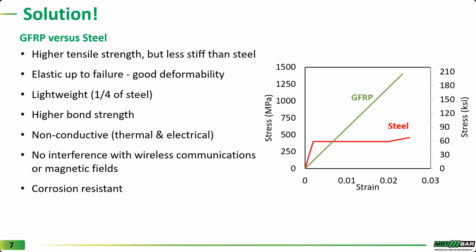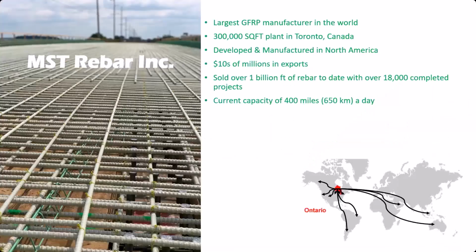GFRP bars are non-conductive both thermally and electrically, so they have very low thermal and electrical conductivity, and there is no interference with wireless communication or magnetic fields when you use GFRP rebar. That's another main benefit of using GFRP bars. And also, obviously, as I mentioned earlier, one of the main features is that the material is corrosion resistant.